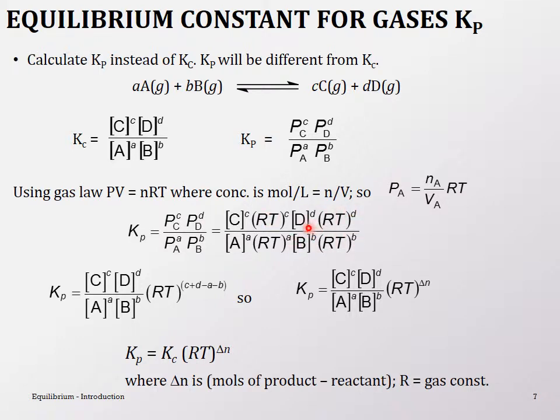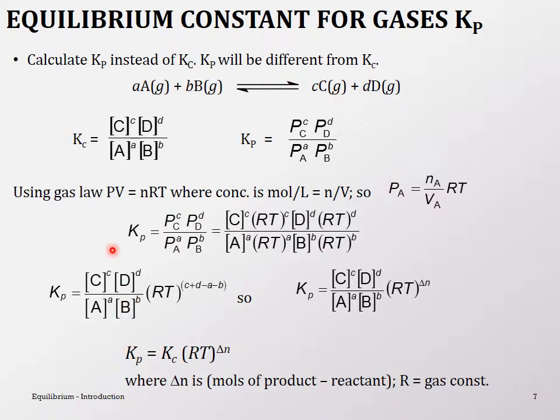Remember with the exponents, if you're dividing, you have to subtract, and if you're multiplying, you have to add. So c plus d, and then a plus b down here, which if you bring it up becomes minus a minus b. So this is the change in the number of moles, because these small a, b, c, d are the coefficients that you have here.